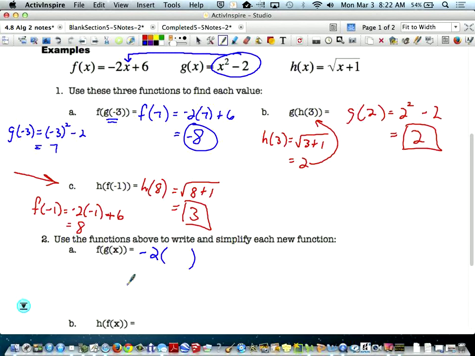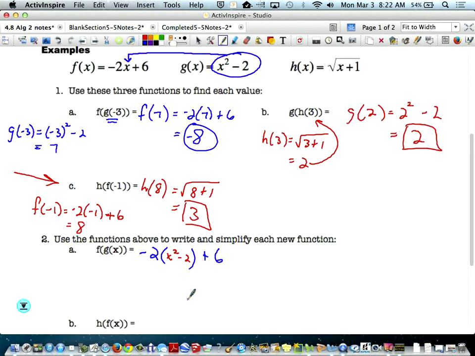What do I write instead of writing x? I write the x squared minus 2 from that function. But f still has this plus 6, so we need to make sure we write plus 6. So if you look at it, you're taking the x squared minus 2 and literally dropping it on top of the x, so it replaces that whole thing.